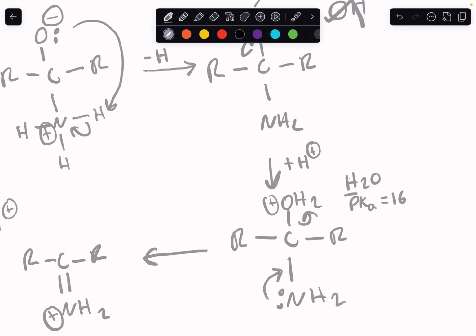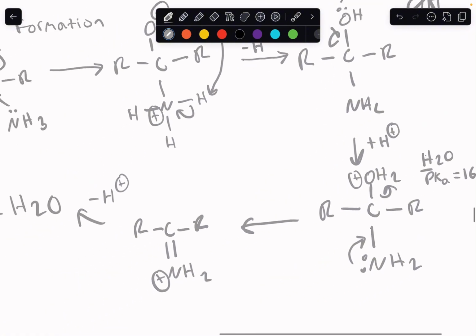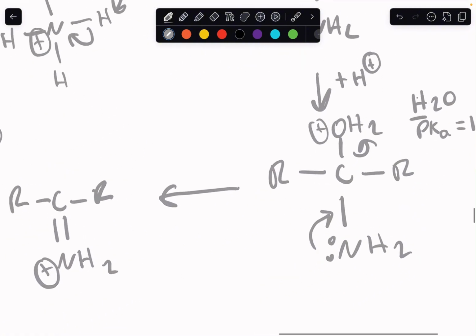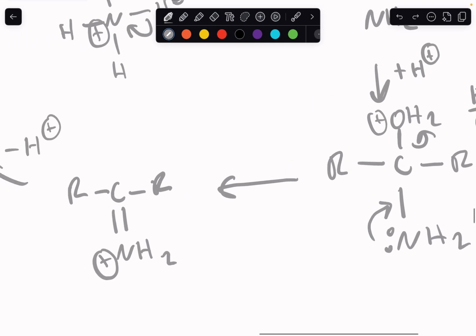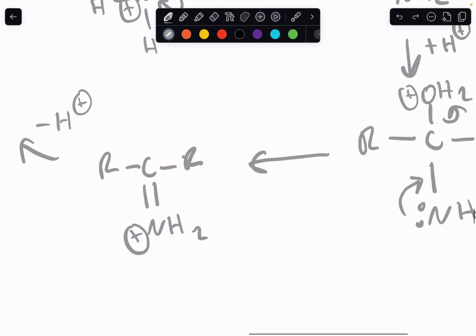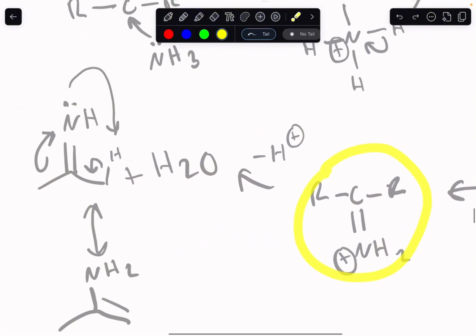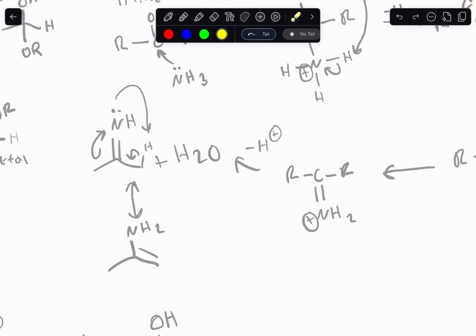So if you have a pKa of 20 or lower, it's a good leaving group. Okay, so when this falls off, when this falls in, making the water fall off, you're then left with this guy. So this is your imine, and then you just lose an H plus.